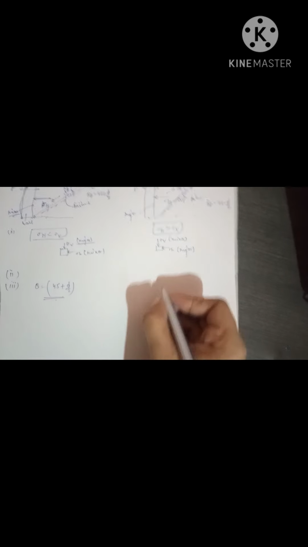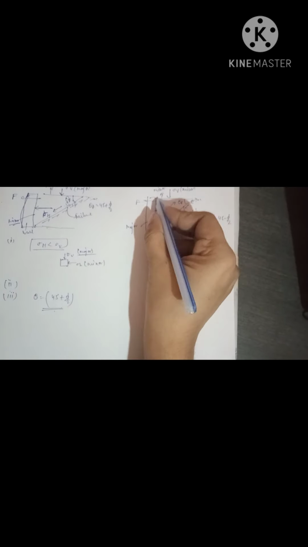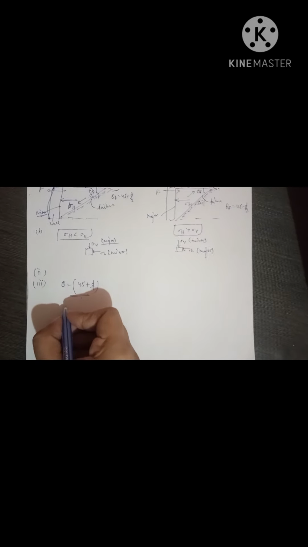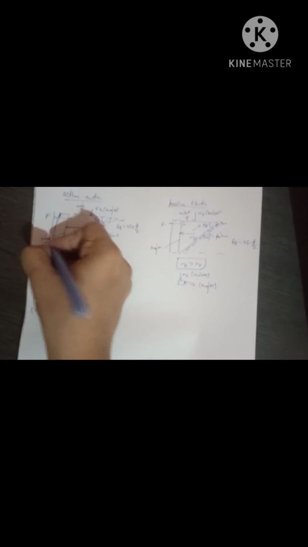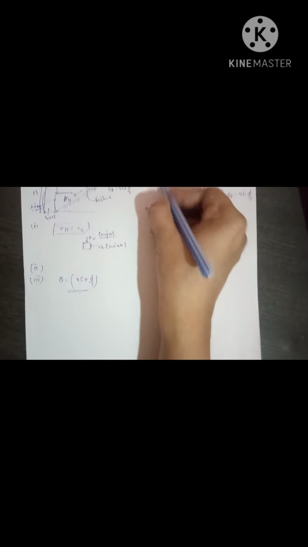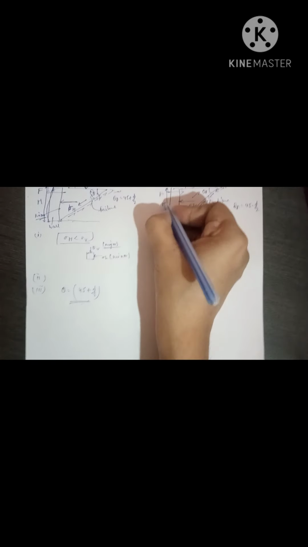Okay, so in the first case I am going to discuss this triangle. As you can see, the height of the wall or the height of the failure base is the same in both the cases.